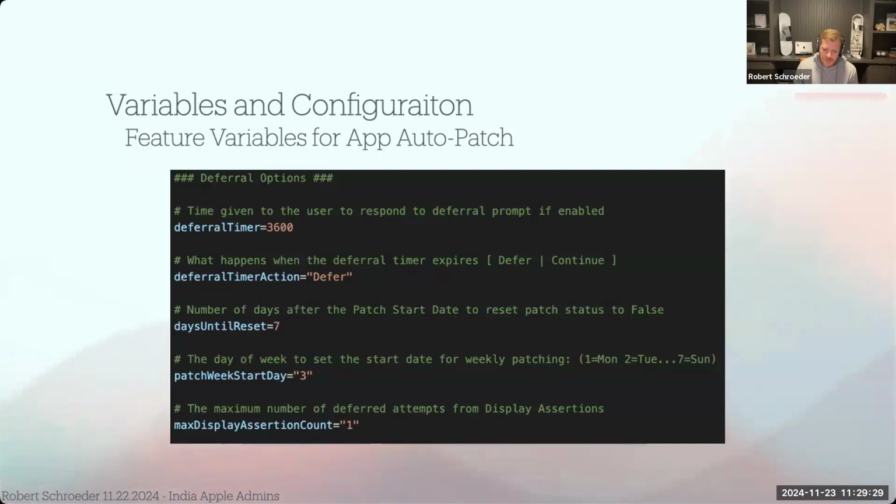The patch week start day allows you to set the patch start date to a specific day of the week, and that allows you to keep everyone on the same patching cadence. For example, here we have it set to Wednesdays. And so if a Mac is offline for a few days and the script runs for the first time on Friday, the start date would still have the prior Wednesday's date. So you keep everyone on the same patching cadence.